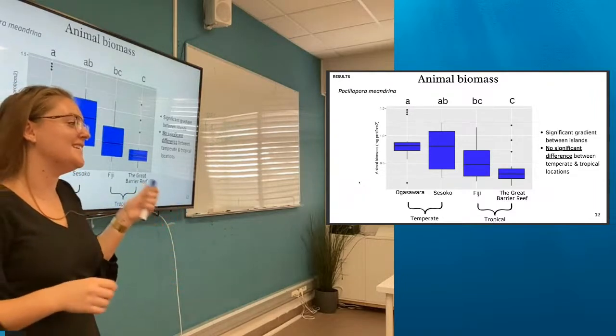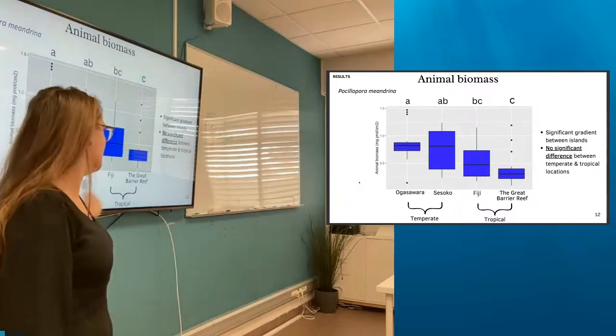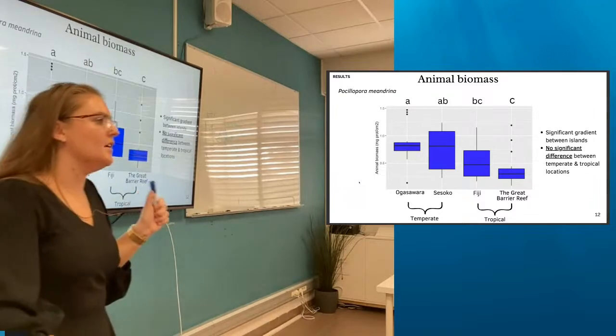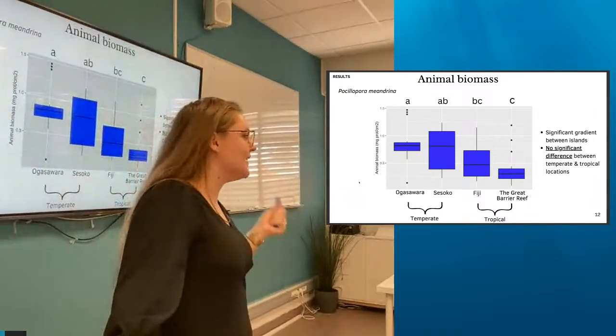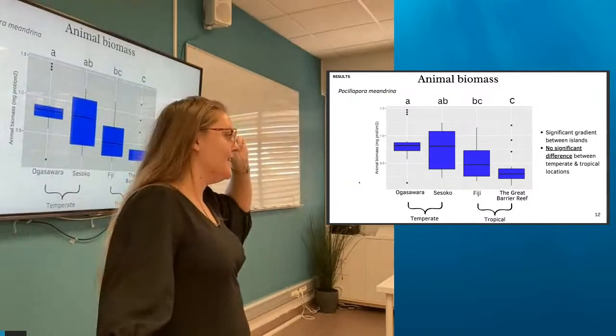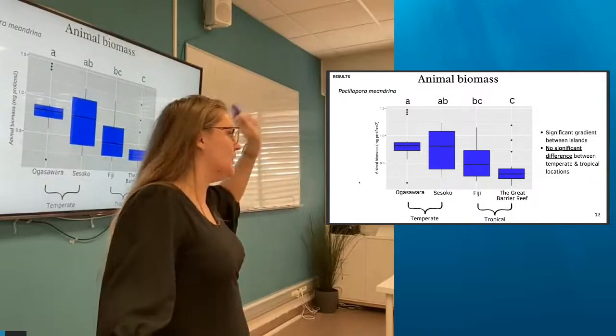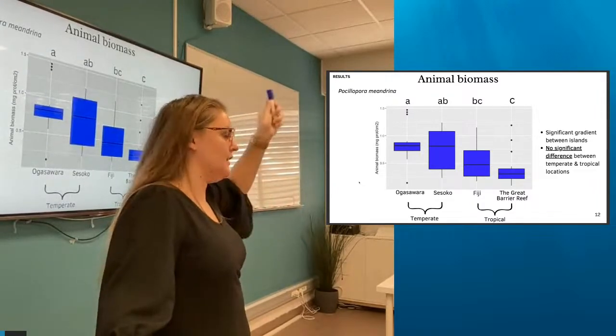Even though we didn't find significant differences with the statistical analysis of the temperate versus tropical, in the sampling size, I think it would be really nice, once we increase and we have the global Tara data, most likely there will be more indications of how they're managing in these environments.